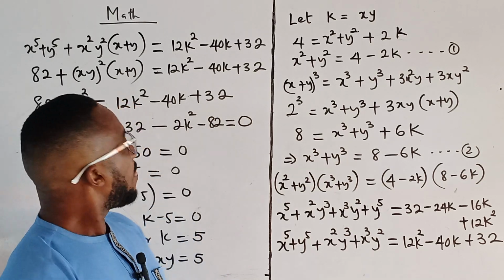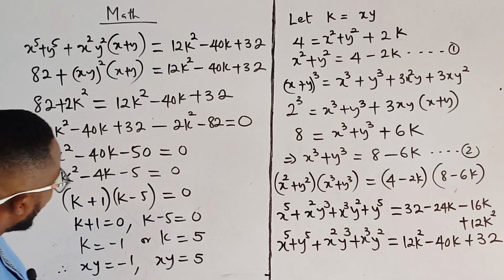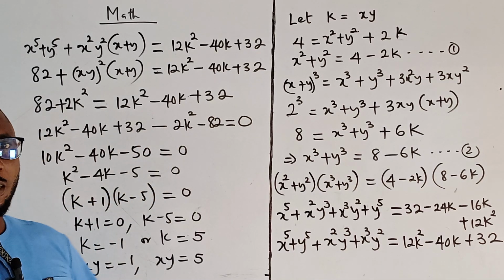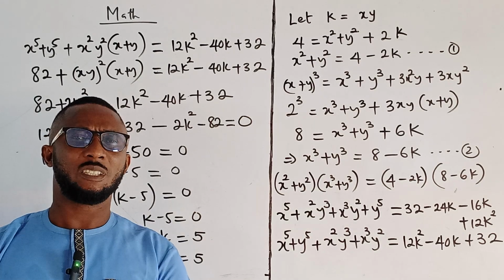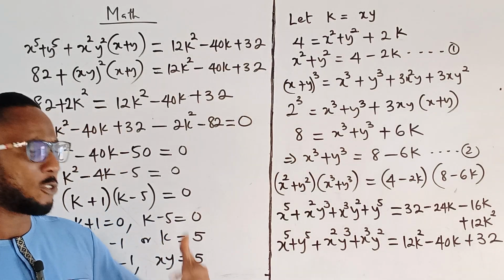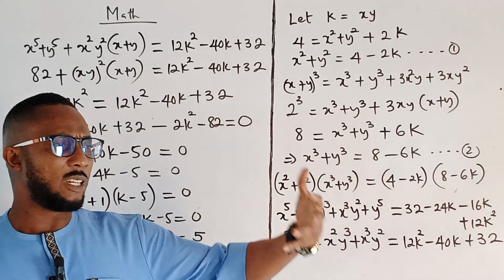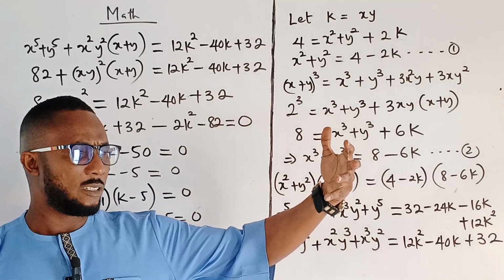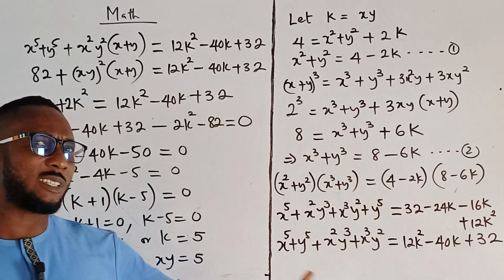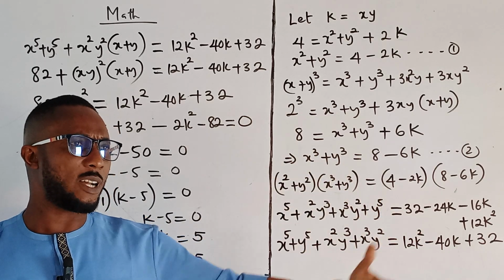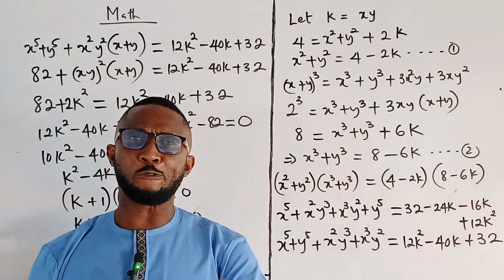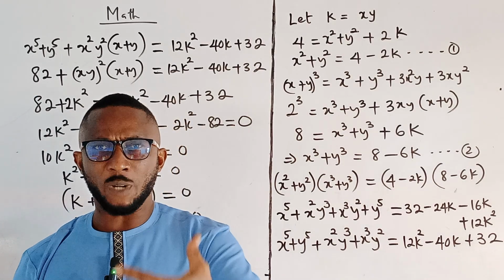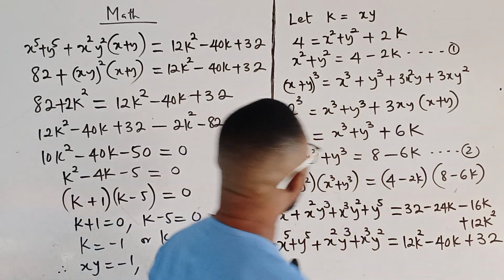So this is the punchline in this solution. Now, I don't want to be solving linear simultaneous equations and quadratics, which would take a longer time. So I will then use another famous algebraic identity to finish this problem.